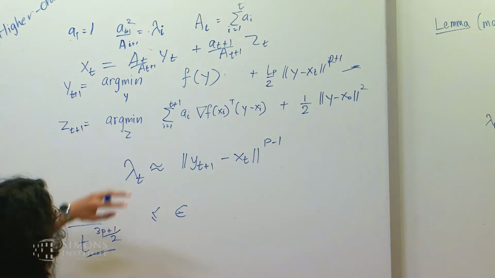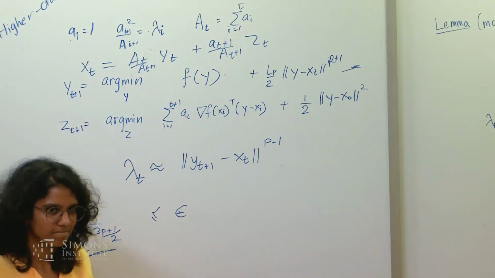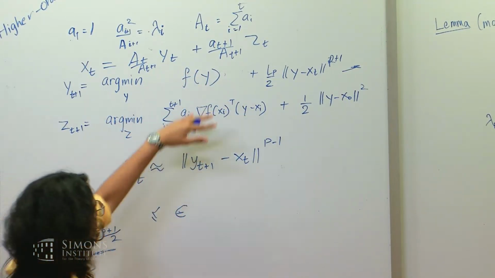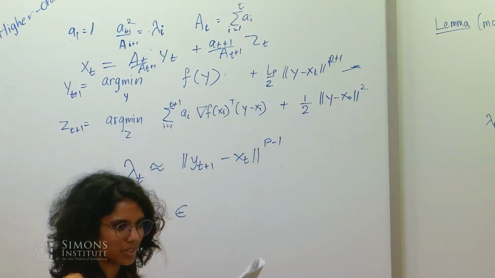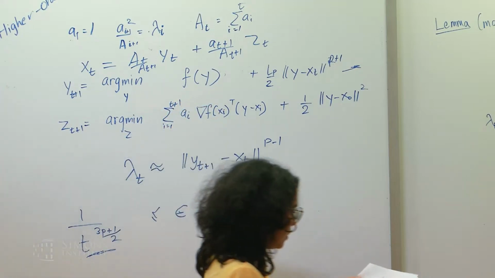You can actually believe that you can implement this using a small number of calls to the original minimization problem that you have, but I'm going to cheat and say that let's just have y_{t+1} minimize this.